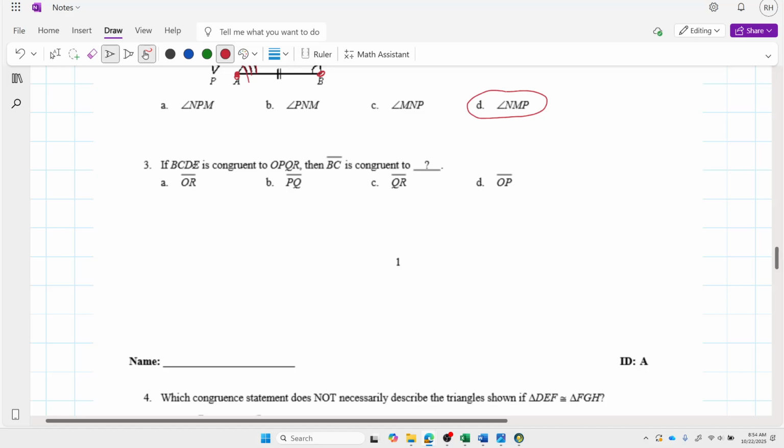If BCDE is congruent to OPQR, then BC, first 2 letters, agreed? Is congruent to, if B and C are the first 2 letters, then you use the first 2 letters in the second description. And that's side OP.